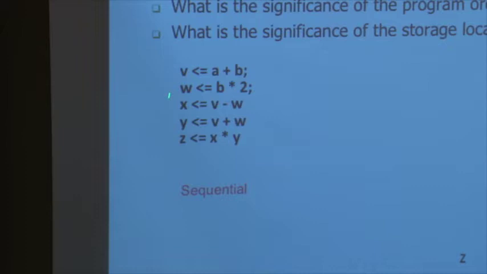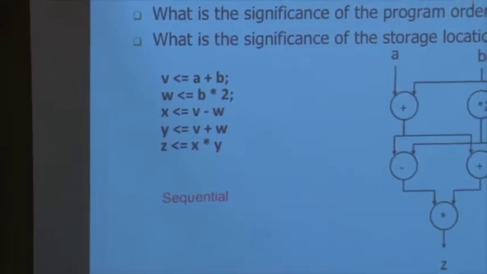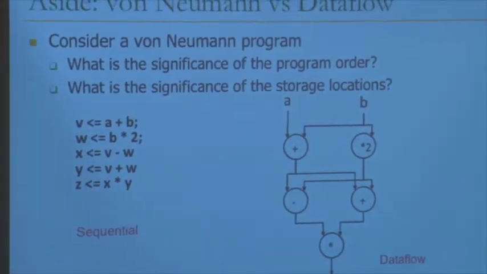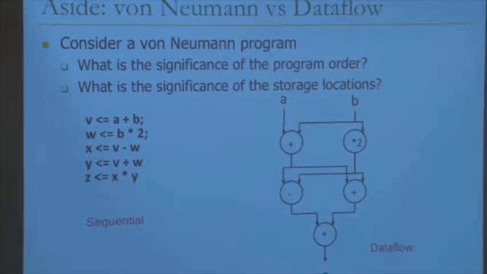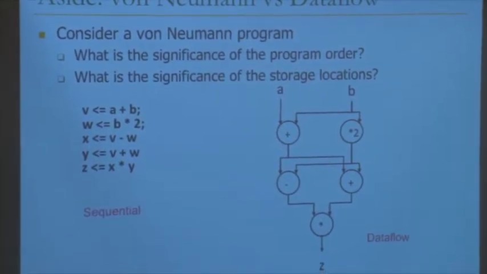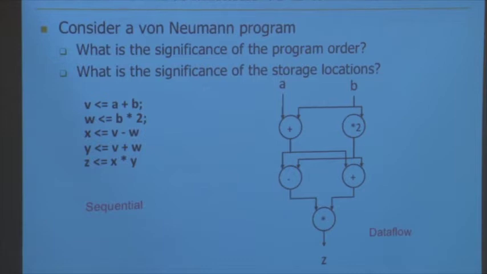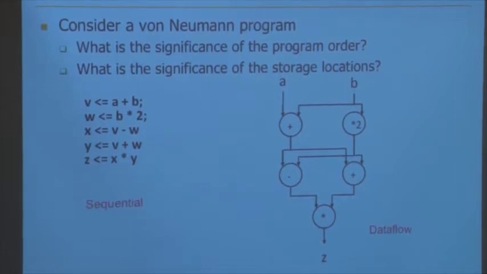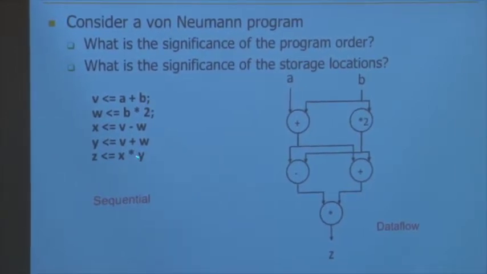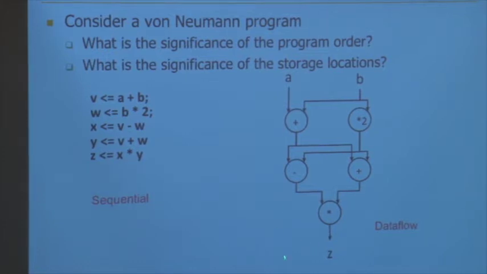So what does this look like in a data flow machine? Basically, you can think of data flow as a graphical representation of the program. And this is the graphical representation. In fact, this is how you can program a data flow machine also. This is the same program, and this is also called the data flow graph.